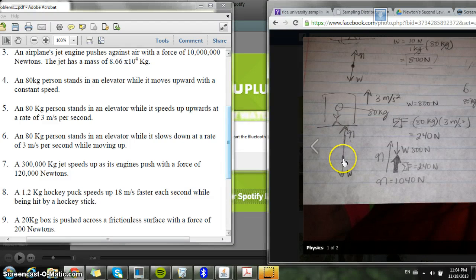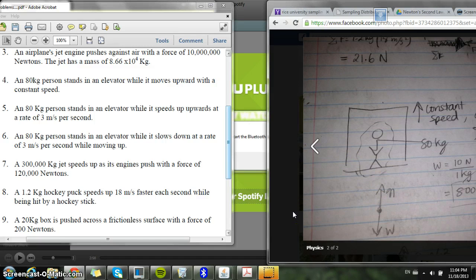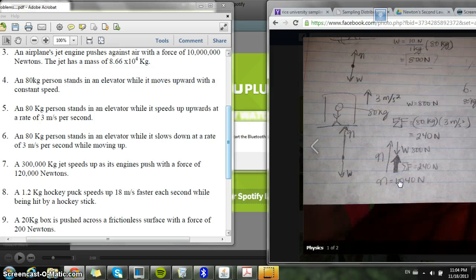So we know the normal force vector is going to be longer than the weight, because the acceleration is in the upward direction. So we draw our vector sum diagram, and we show that the normal force is longer in length than our weight, and then this fat arrow is the net force. So our weight, 800 newtons, and our net force, 240 newtons. If we add those up, we'll get the normal force, 1040 newtons.